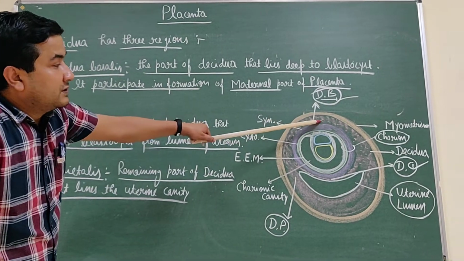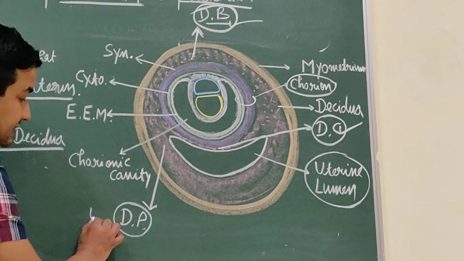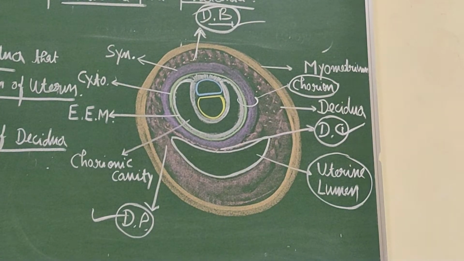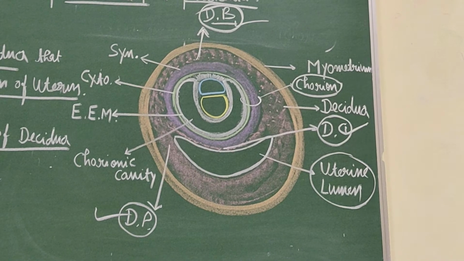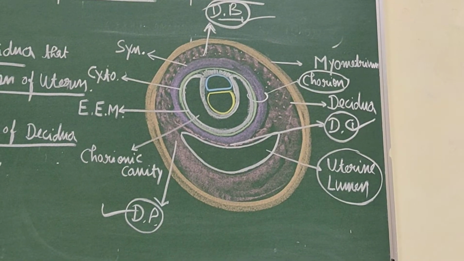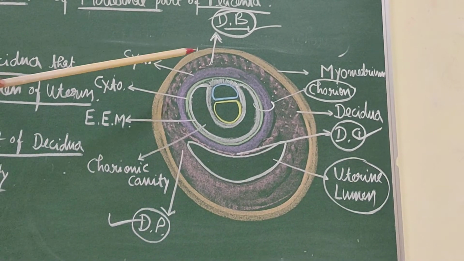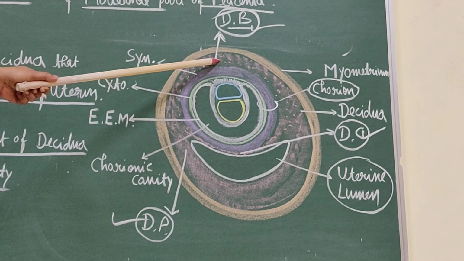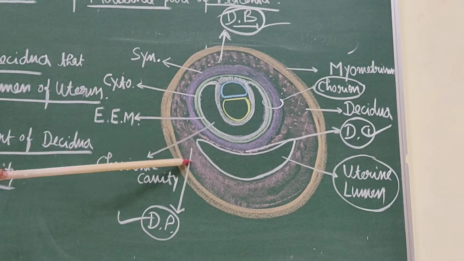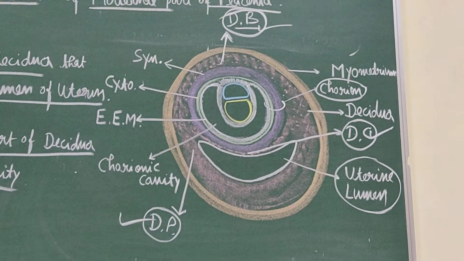If we remove these two parts, the remaining part is the decidua parietalis. So this decidua has three regions: basalis, capsularis, and parietalis. Basalis lies deep, capsularis lies superficial, and parietalis is the remaining part of the decidua.